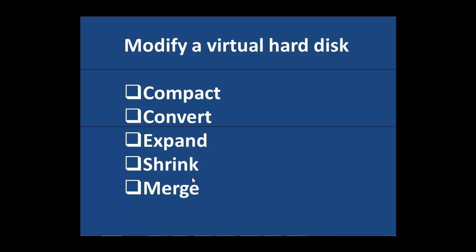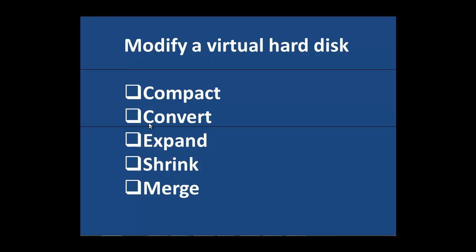The two last options that we have here, shrink and merge, appear on the wizard depending on the current status of the image file you select. For example, the merge option only appears if you choose a differencing disk, and the shrink option does not appear unless there is free space in the file that the wizard can delete.